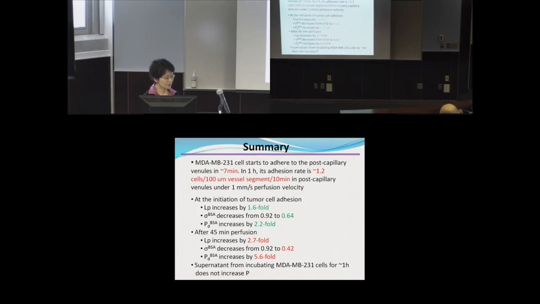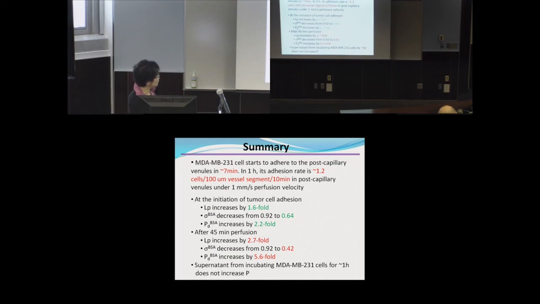Okay, so here I gave you the summary of the experiments. First we set the initiation time for this type of tumor cell in post-capillary venule is about 7 minutes, and then it's a linear increase, and the accumulation or adhesion rate is 1.2 cells per 100 micron vessel segment in 10 minutes under the mean blood flow velocity in this type of vessel.